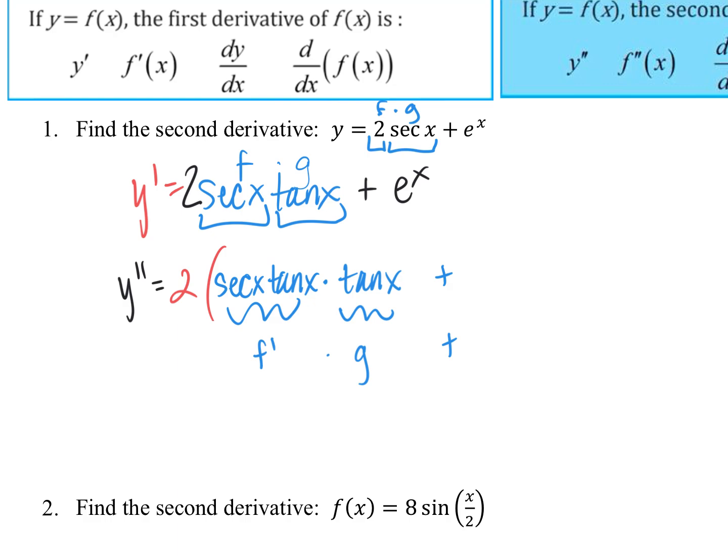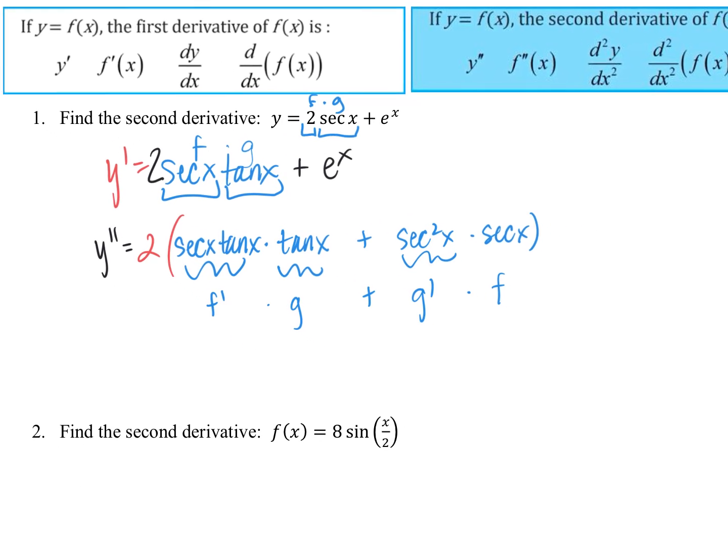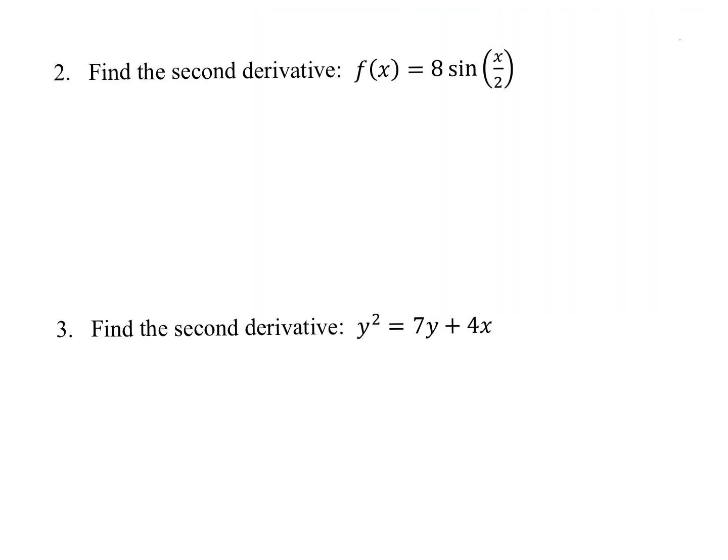The derivative of tangent is secant squared. And we got to multiply that by f, which is just a secant. Holy smokes. That right there is the derivative of this part. What's the derivative of e to the x going to get me? Done.